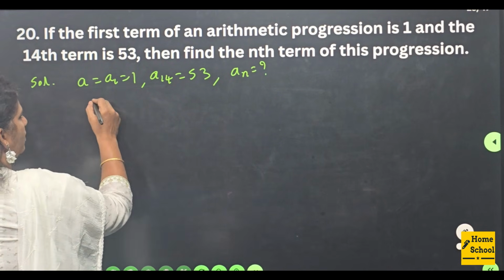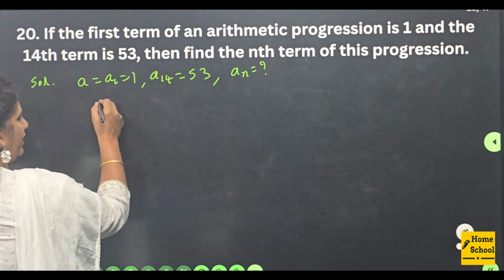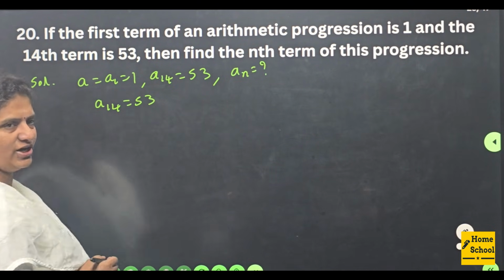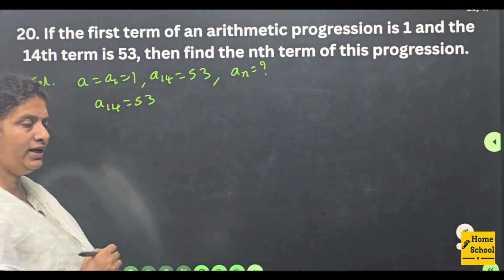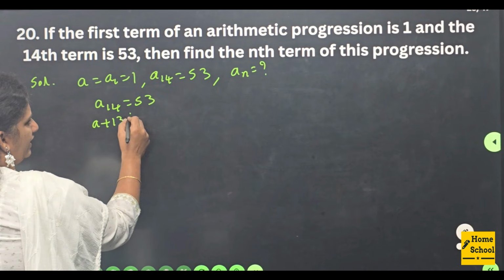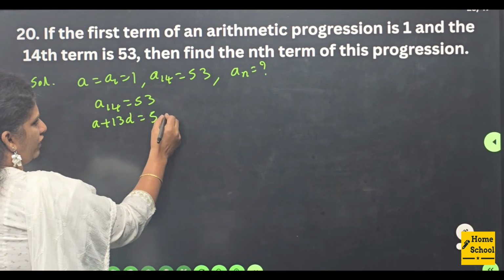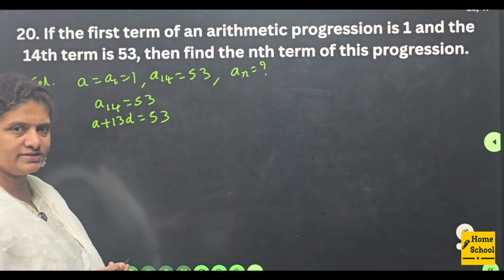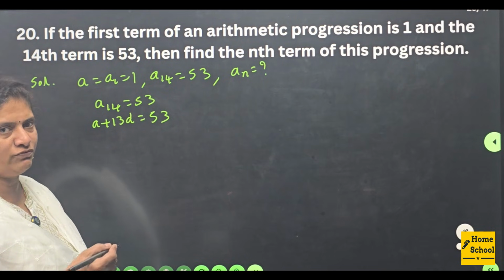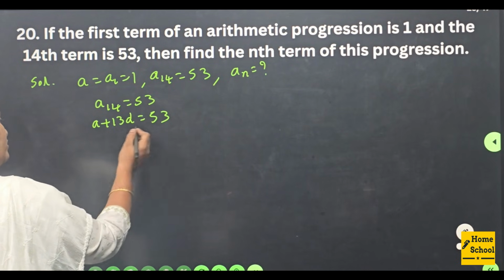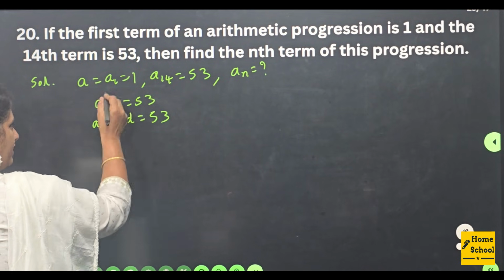Now a is equal to 1, given a14 is equal to 53. Write it in general form. a14 can be written as a plus 13d is equal to 53, or else you can use the formula an is equal to a plus n minus 1 into d also, right? Same, you are going to get a plus 13d equal to 53.